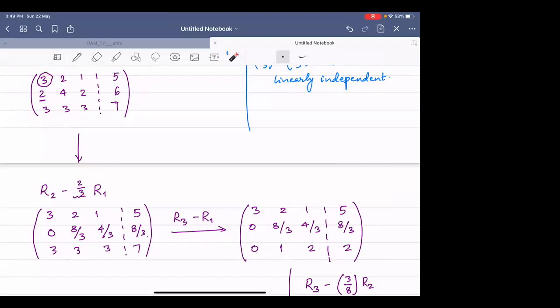We used that 3 up here for eliminating and creating this. And for this 0 also we used R1, that is this 3. Okay, so this element is called the pivot for this step. Okay, so this is our pivot for step 1, or the first column.